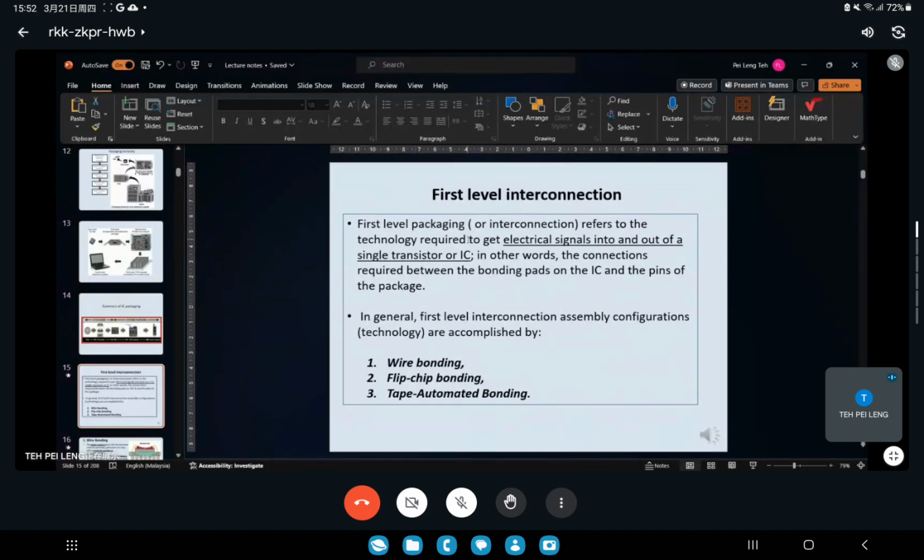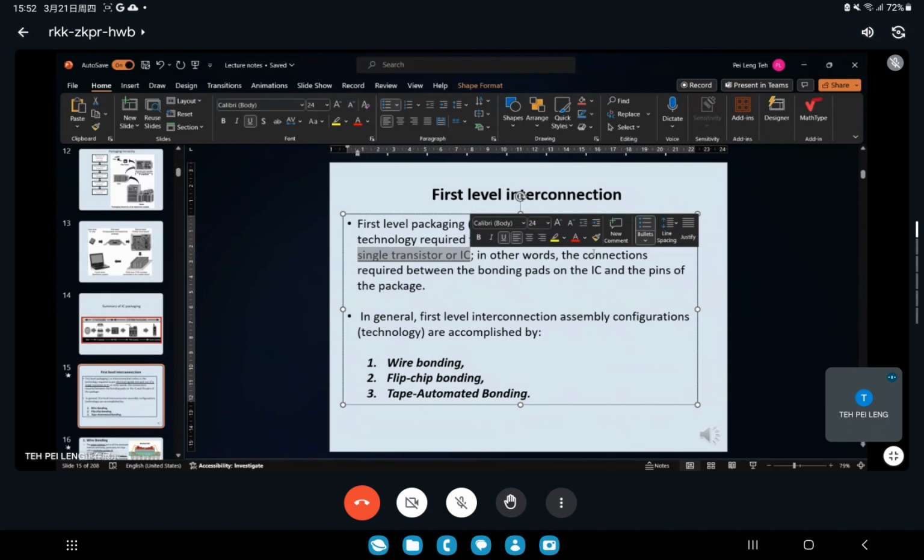While doing this, you attach your chip on the chip carrier, you must make sure that the electrical signal can go in and out from a single transistor or IC.